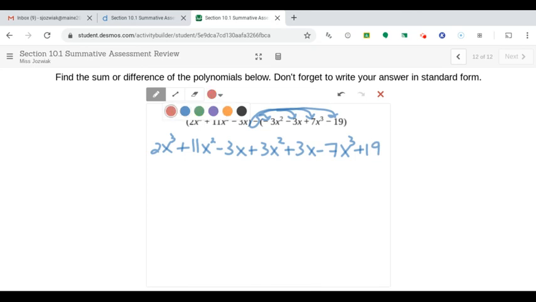And then we just combine our like terms. So 2x cubed and negative 7x cubed is going to give us negative 5x cubed. And then 11x squared and 3x squared is going to give us 14x squared.